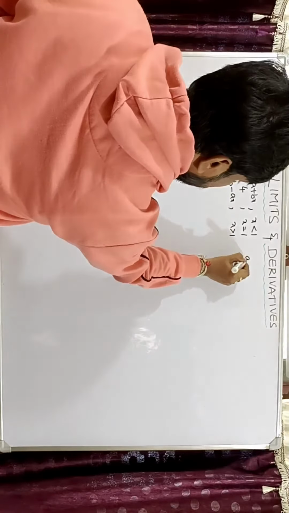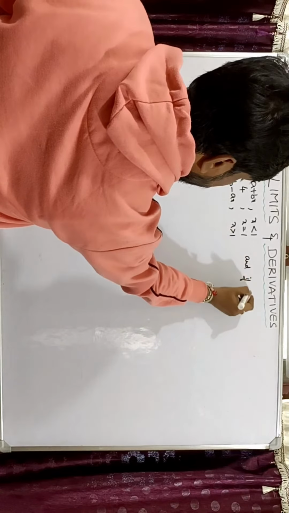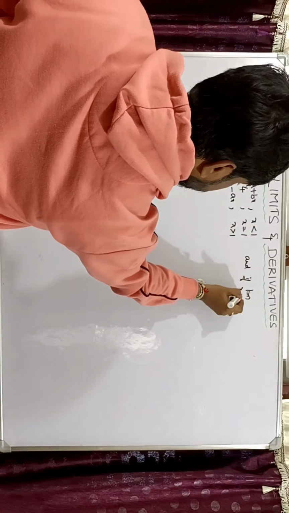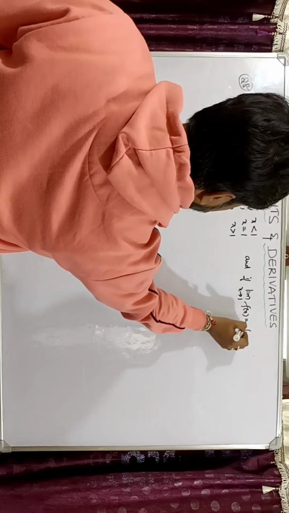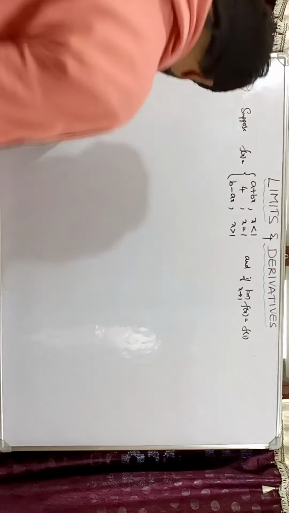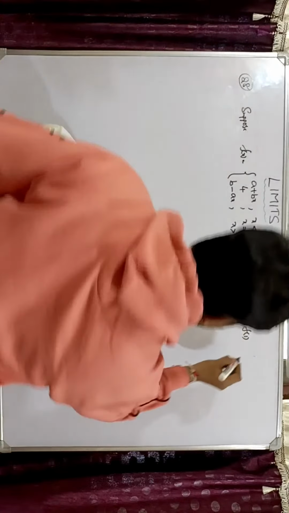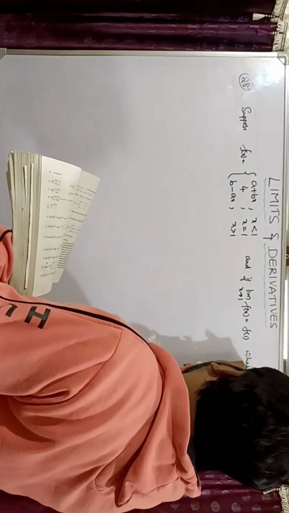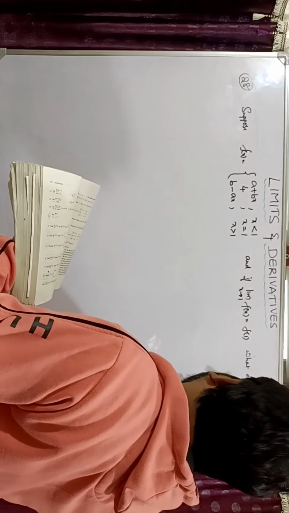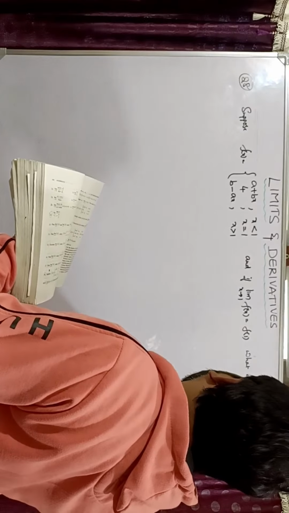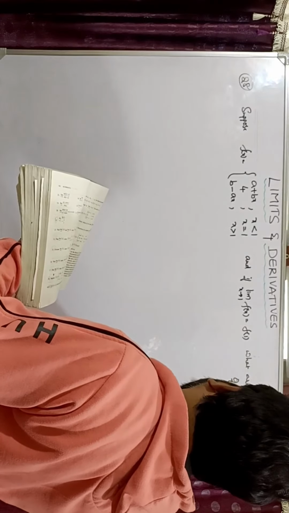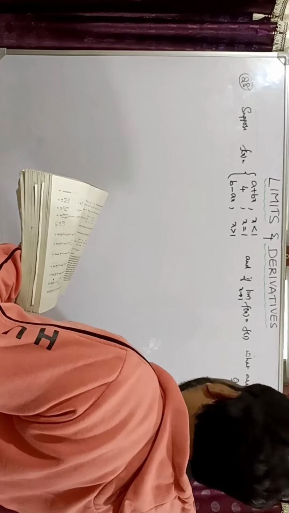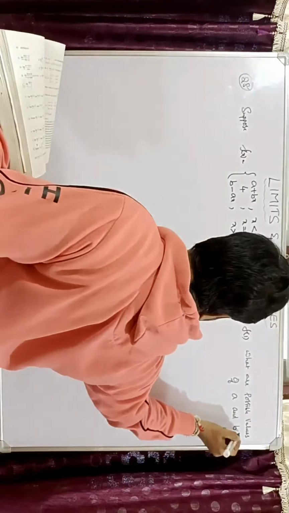And if limit x tends to 1 of f of x is equal to f of 1, what are the possible values of small a and small b? This is the question.